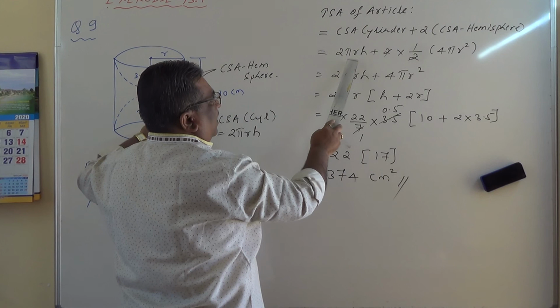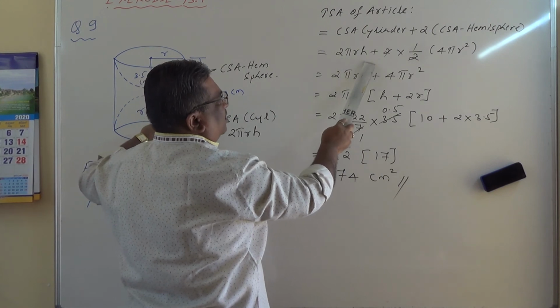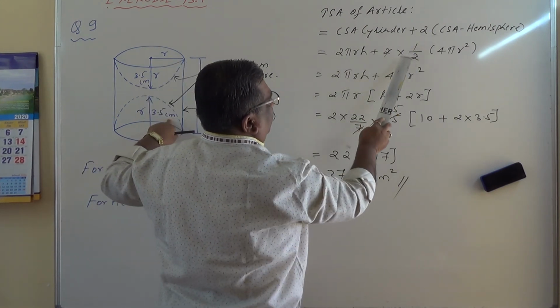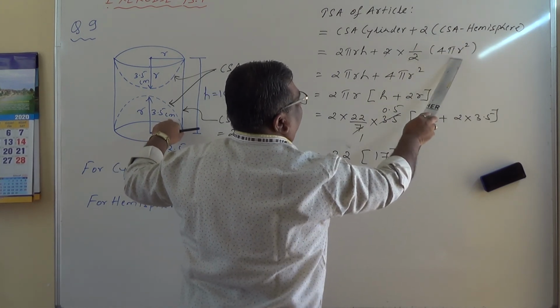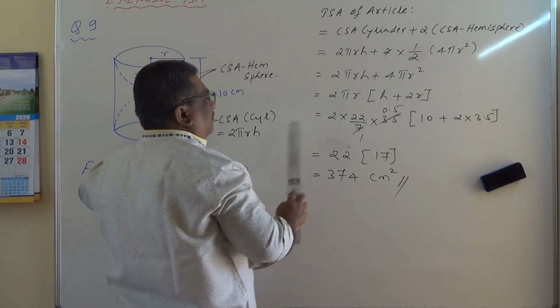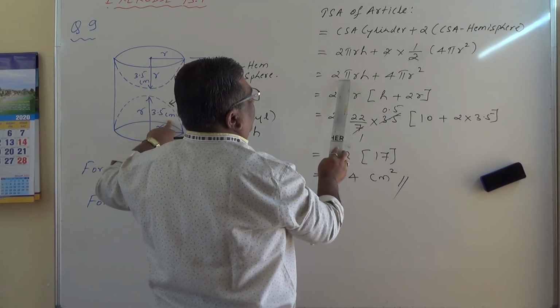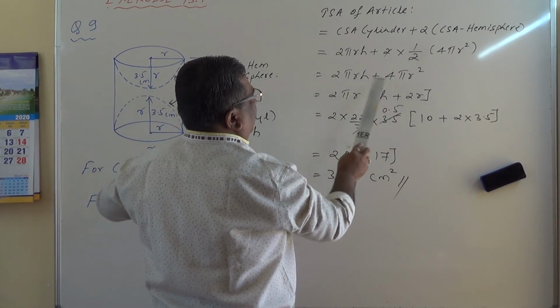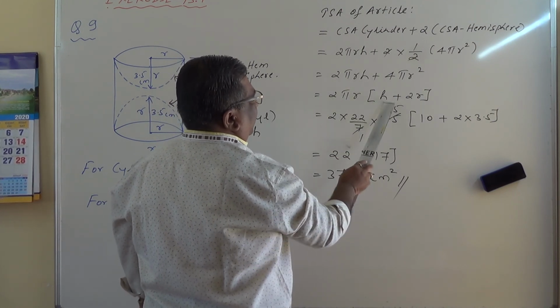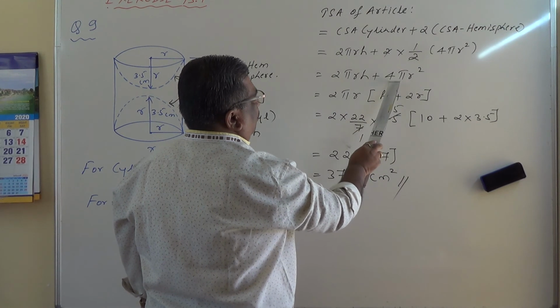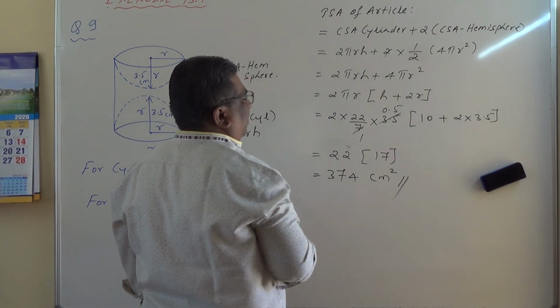Cylinder CSA, circumference into height, 2 pi r into h plus 2 times 2 into, what is the CSA of the hemisphere? Half of area of the sphere. So 2 cancels here, 2 pi r h plus 4 pi r square. 2 pi r is a common, remaining is h here plus 2 r is the remaining here.